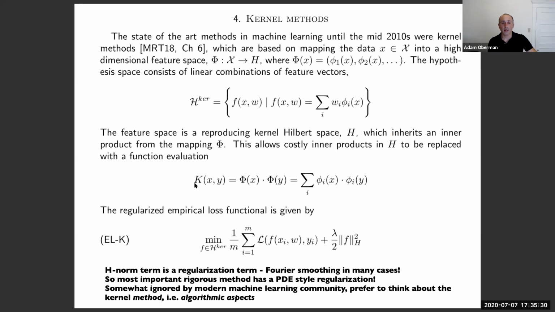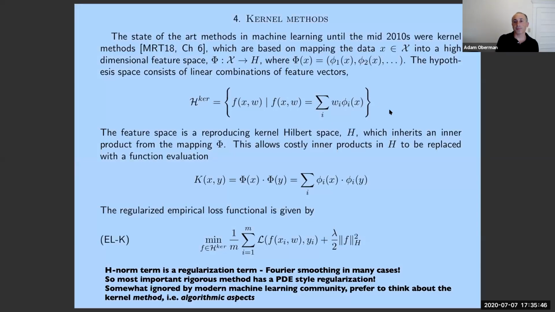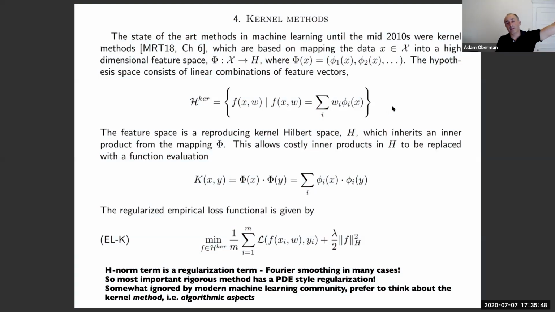The key thing is, well, first, the hypothesis space, you can write it as a sum of weight vectors times functions. Mathematicians would say this is like a Fourier expansion or something, but machine learning people say that there's a whole feature vector and you're mapping into features, because the choice of this mapping is related to the actual features you care about.